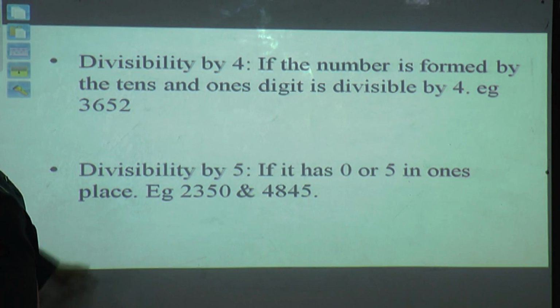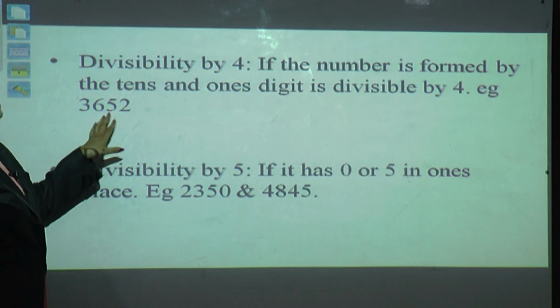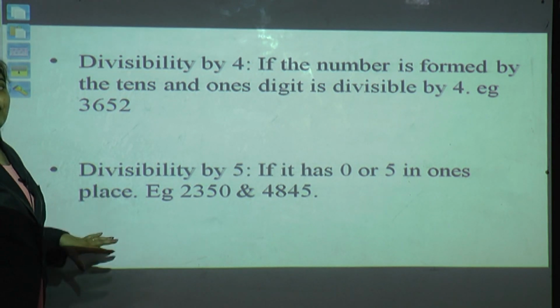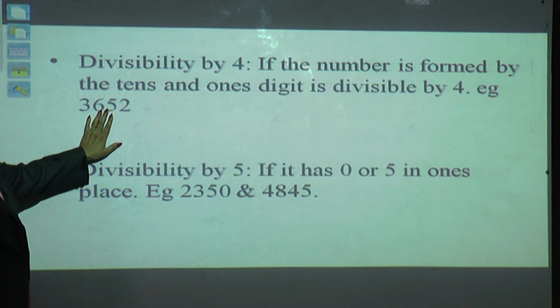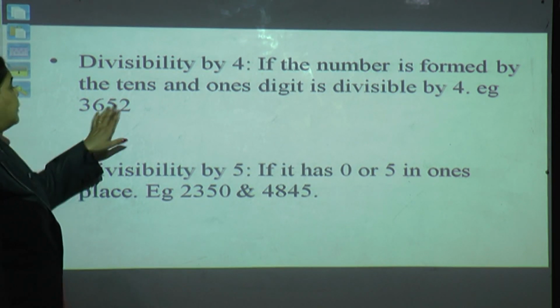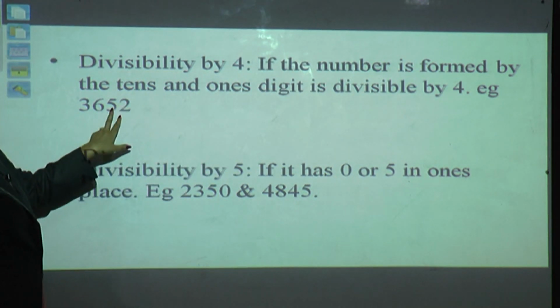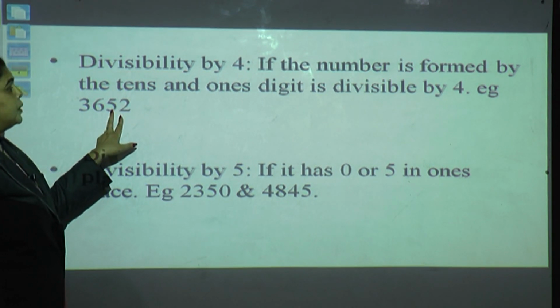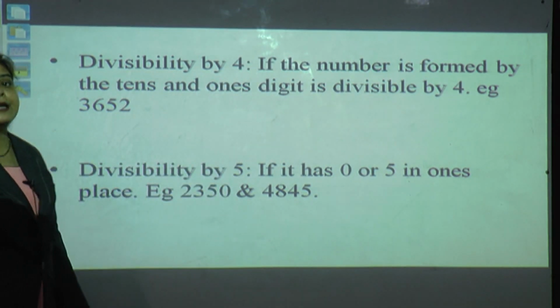Again I will repeat, if you can practically divide the last two digits by 4, giving a remainder of 0, the number is divisible by 4. The number may be 4 digits, it may be 12 digits, we just have to see the last two digits. This is your ones and this is the tens place. These two digits should be divisible by 4, leaving a remainder of 0.